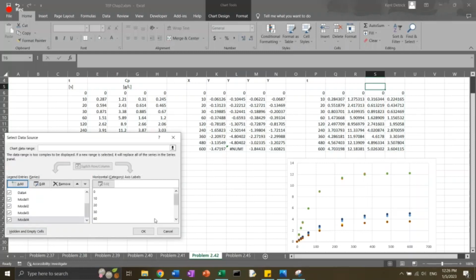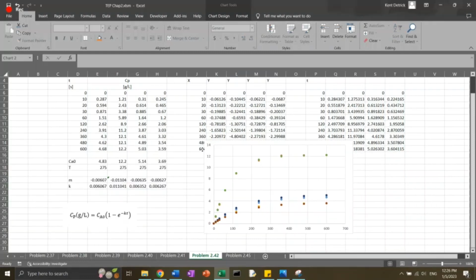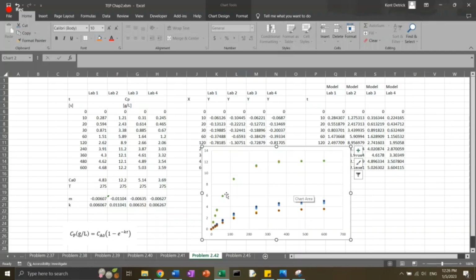Okay. So here's our chart. It's really busy, so it's hard to see what we're trying to do here.